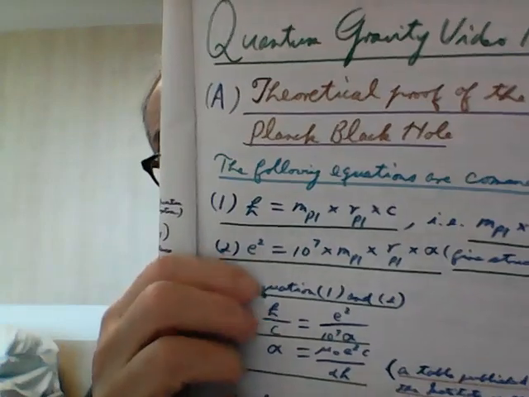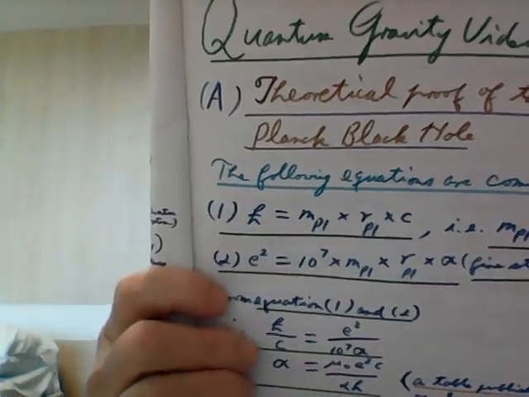They also apply to all other particles, for example hydrogen, electron, and so on. But they must be the same particle. You cannot use equation 1 for a hydrogen atom and equation 2 for an electron, because then they will not be equal. They must both refer to the same particle entity.